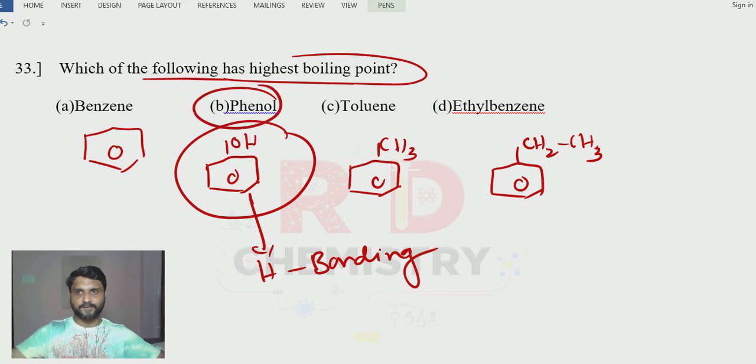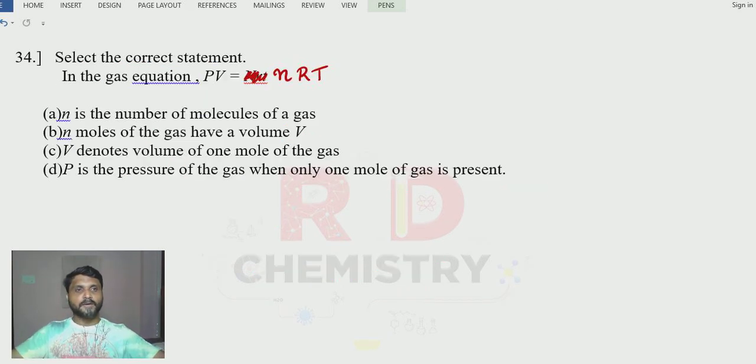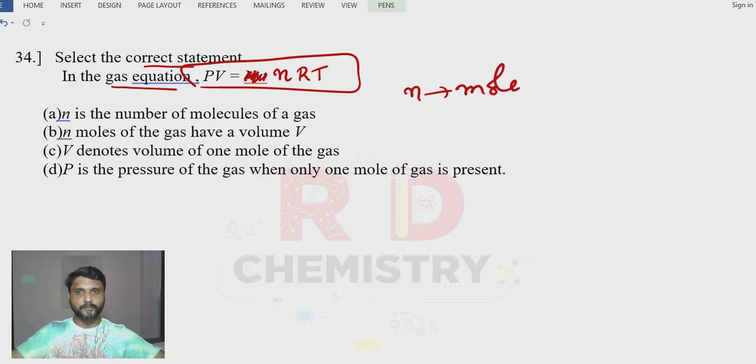Phenol is the answer. Question number 34. Select the correct statement in the gas equation PV equals nRT. Option A: N is the number of molecules of the gas. N is the number of moles of the gas, not the molecules, so A is the wrong statement.